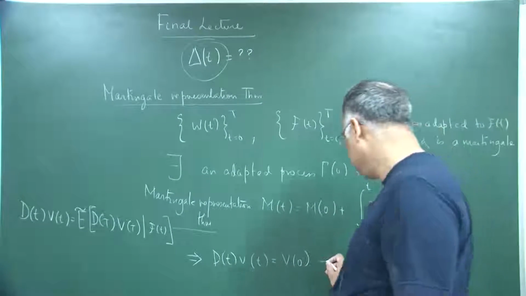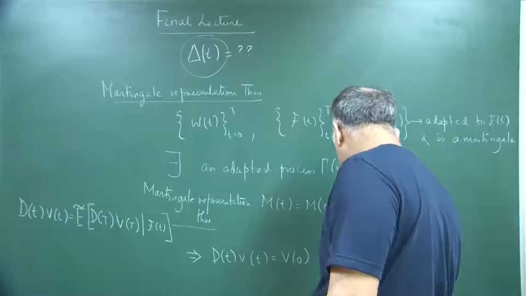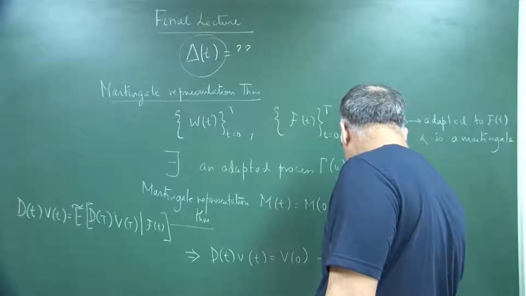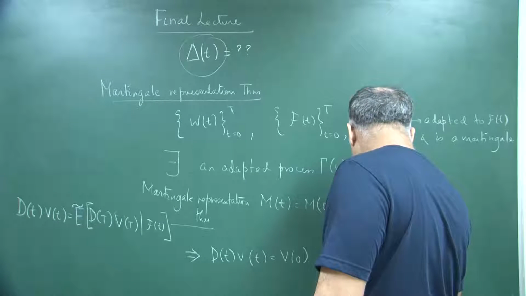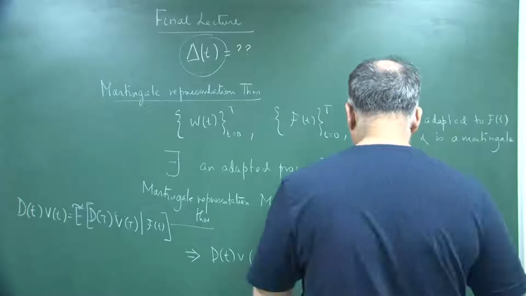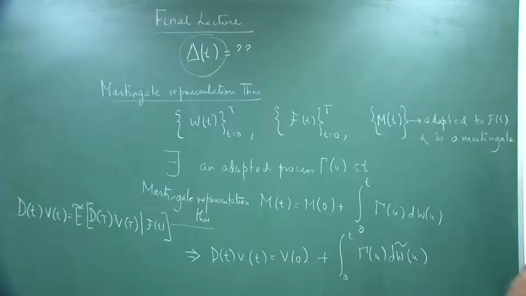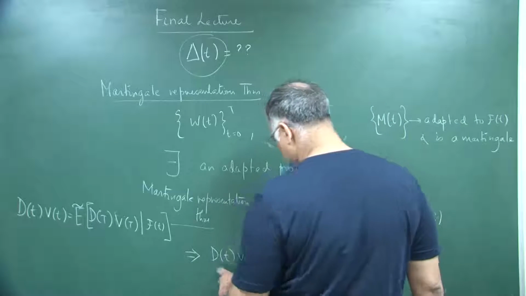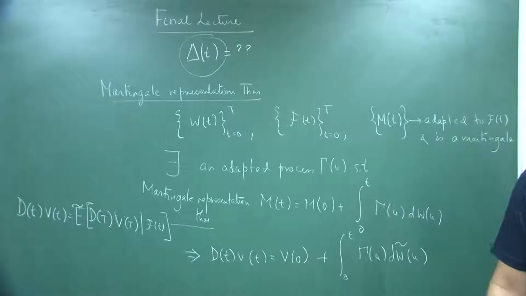So, there must be some gamma u. I am doing the representation with respect to the risk neutral measure. D_0 is 1, that is why you just have V_0.